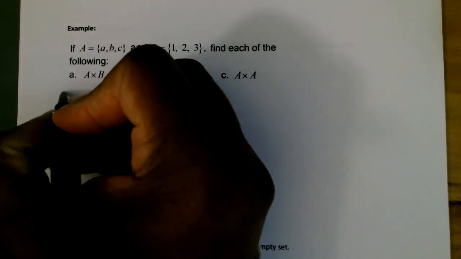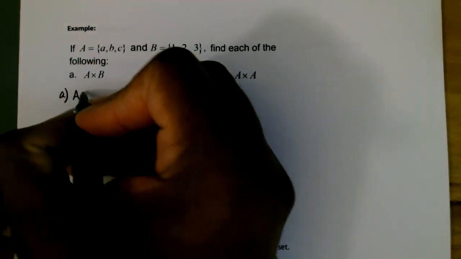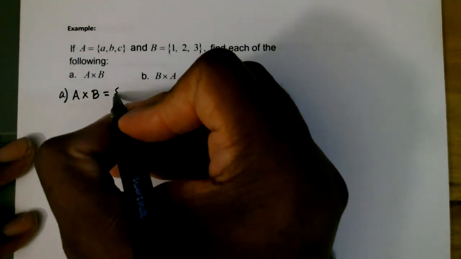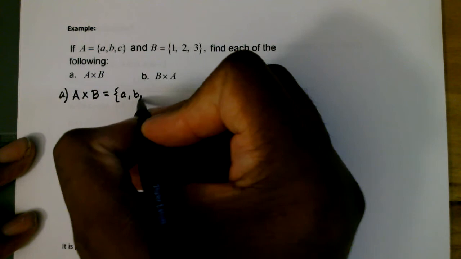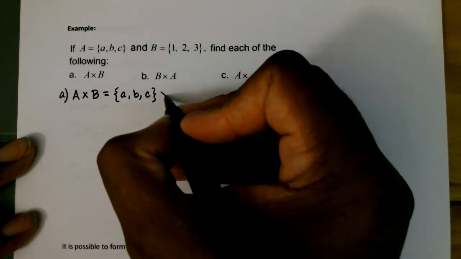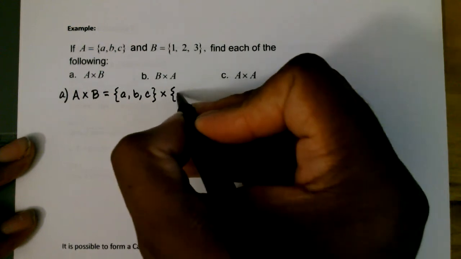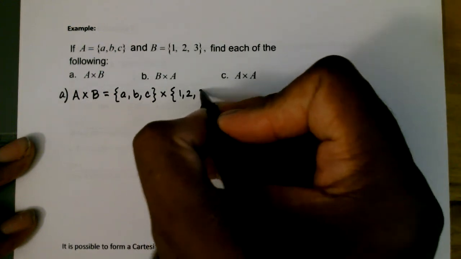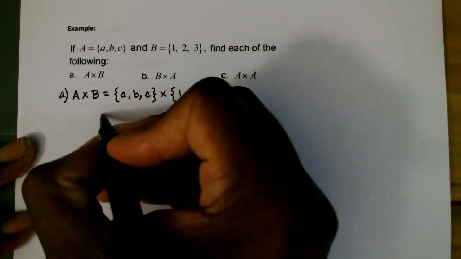So the cross product of A and B, or A cross B, I'm writing A as the elements a, comma, b, comma, c, and B as 1, comma, 2, comma, 3.